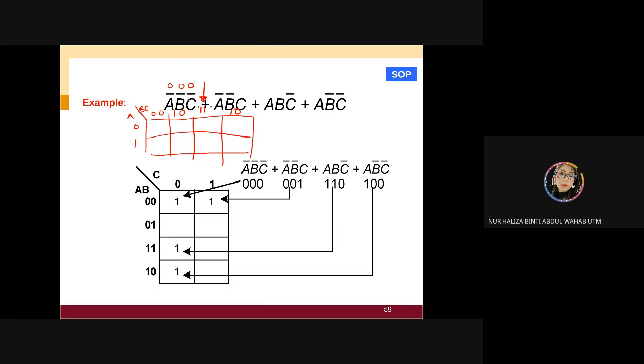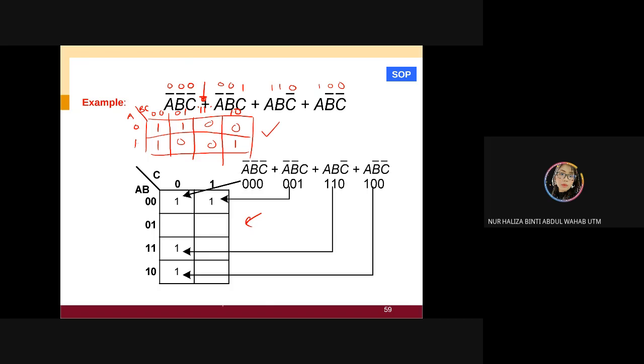At this part, 0, 0, 0 is 1. 0, 0, 1, here, 1. Sorry, here is wrong. Nobody corrected it. And this is 1, 1, 0, and another one is 1, 0, 0. So this is another KMAP that I can get, and it is basically similar to this representation.